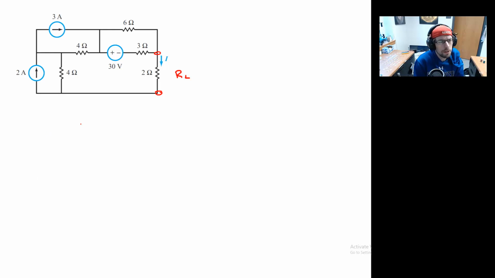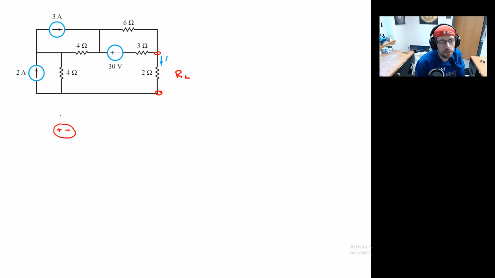We've got a couple of different options here. One of the options that I saw right away is this 30 volt supply and 3 ohm resistor in series right here. So we can take that and turn it into a current supply and a resistor. I'll pull that out of the circuit for a moment so that we can work on that.